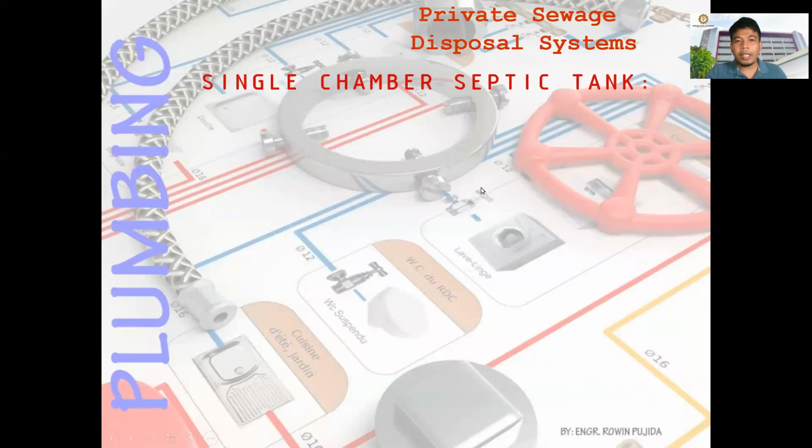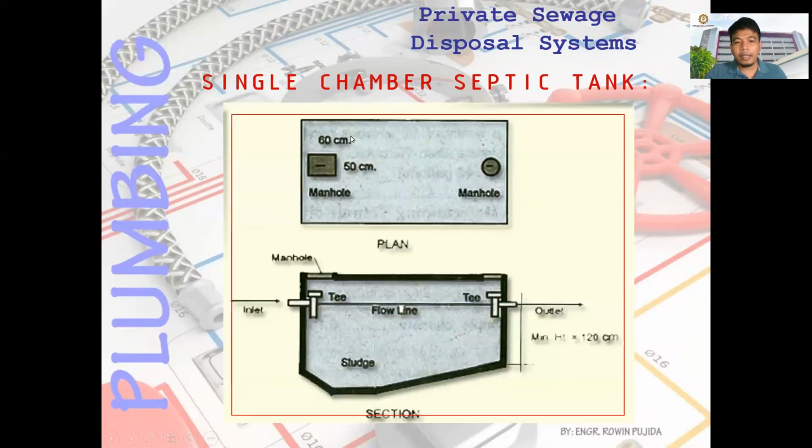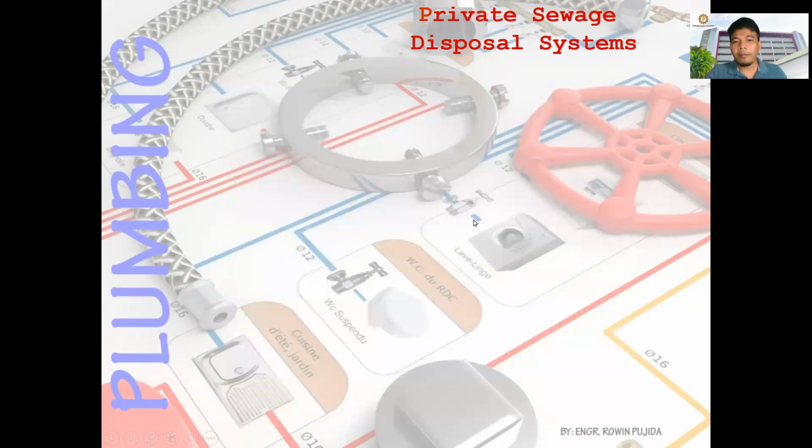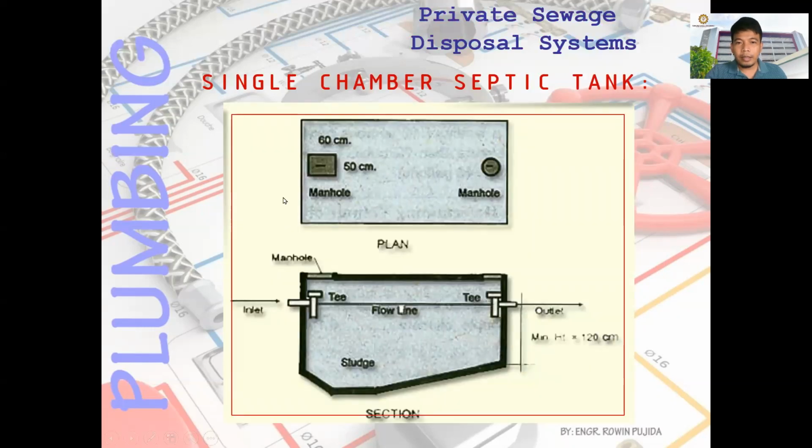For the single chamber septic tank, you have this drawing. It should have a manhole in every chamber, so that when you are to clean or pump the sludge in the septic tank, you can open the manhole. This is also a septic tank with one chamber, with the manhole here and an outlet.